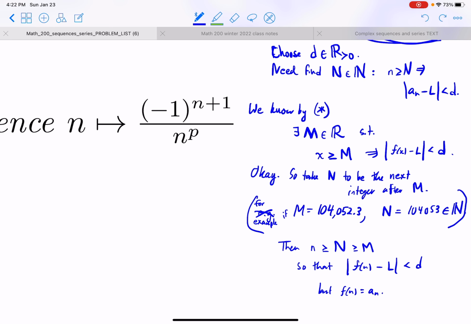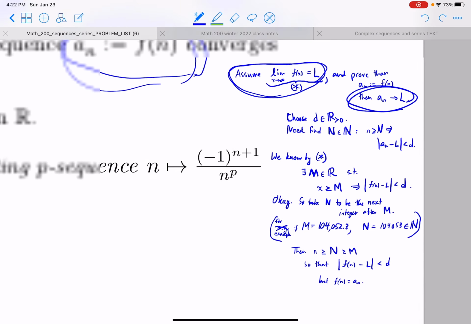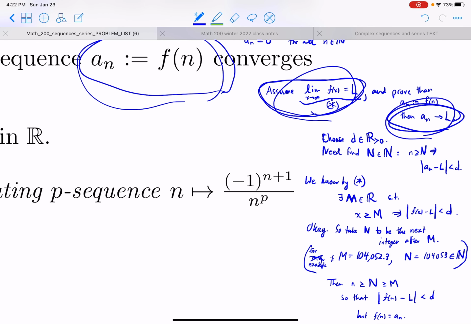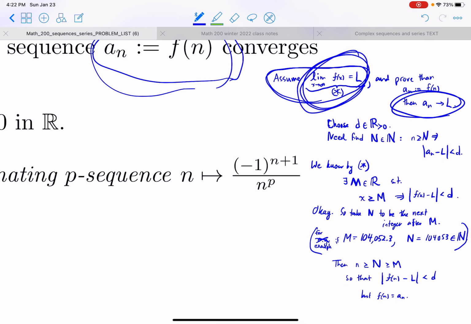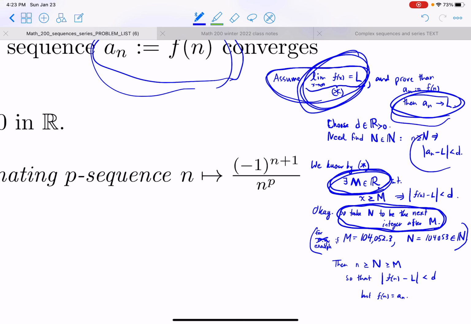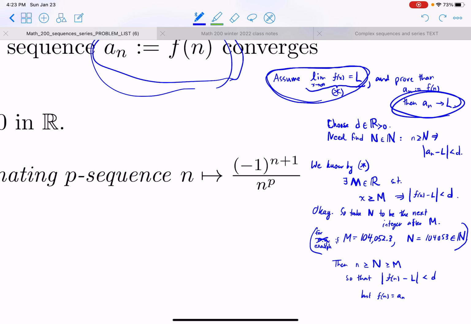So we're good. So we used this to prove this. Assuming that true told us that there does exist some capital M, and then we used capital M to give us a capital N, and then we got what we needed, which was this thing right here. Okay. That's all done. So then I get to color a box.